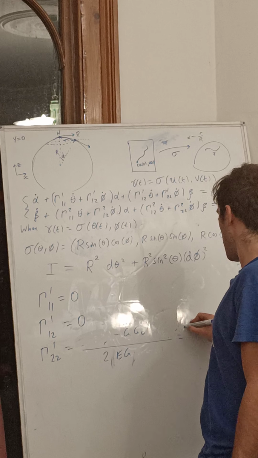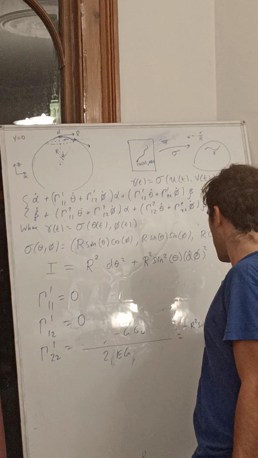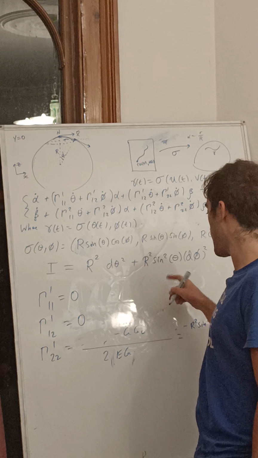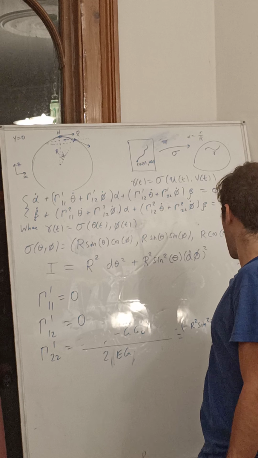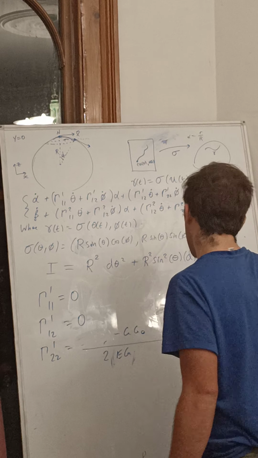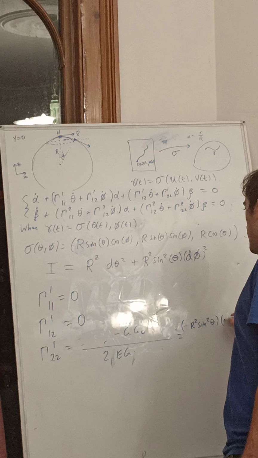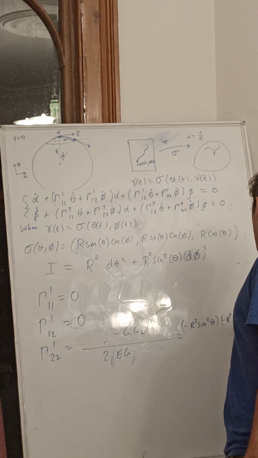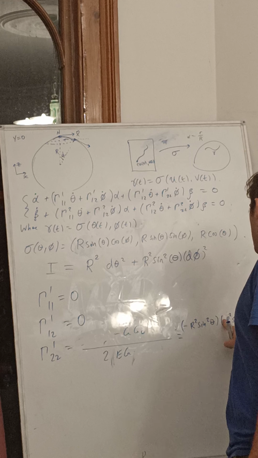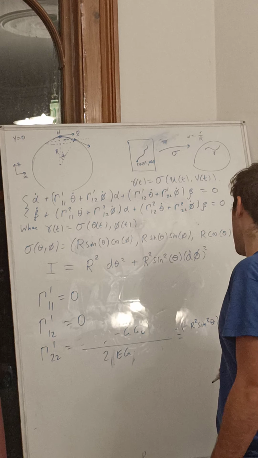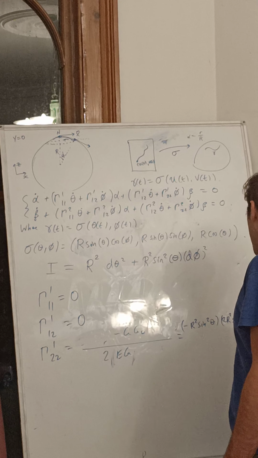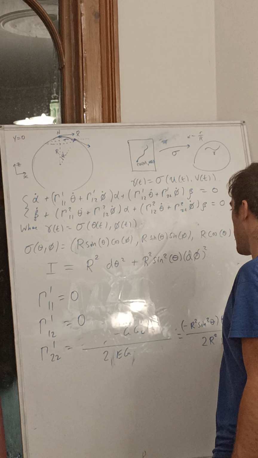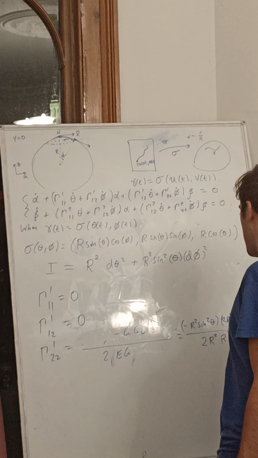G is r squared sine squared theta, and G theta is 2r squared sine theta cos theta, all divided by 2r squared sine squared theta.